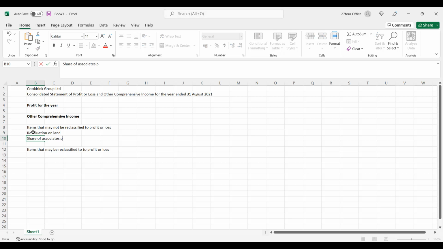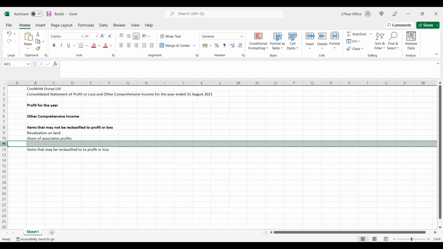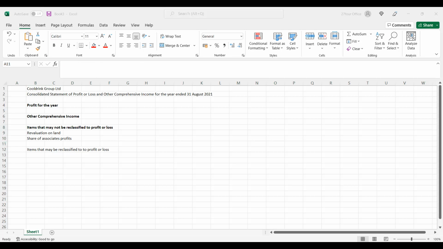So those will be under this heading, items that may not be reclassified. Then you must always leave space because you may miss something as you read through the scenario. So always leave space.